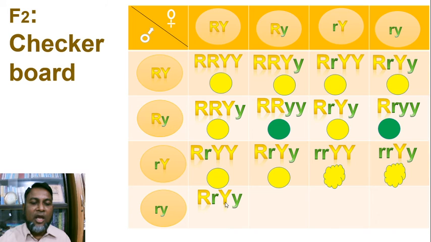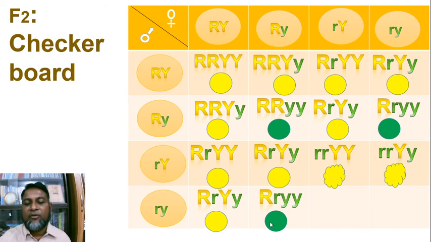Capital R capital Y small y: so seeds are round and yellow. Capital R small y: these seeds are round, but for small y it is green.